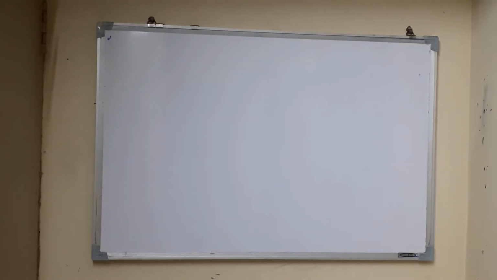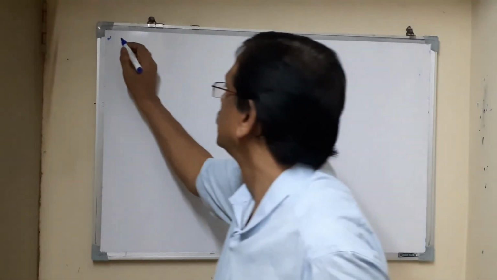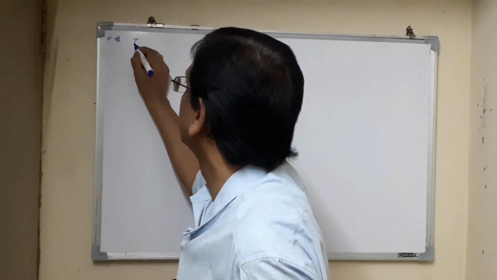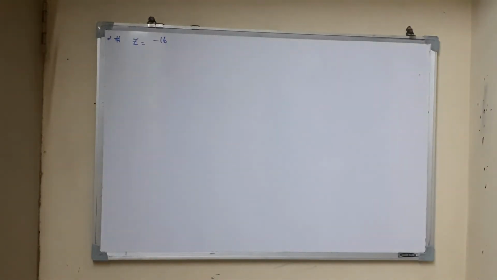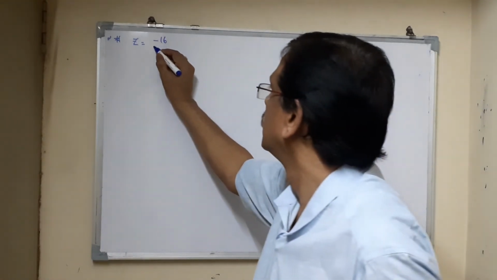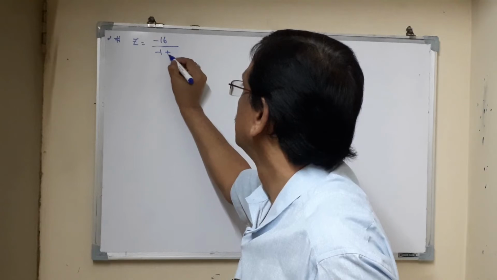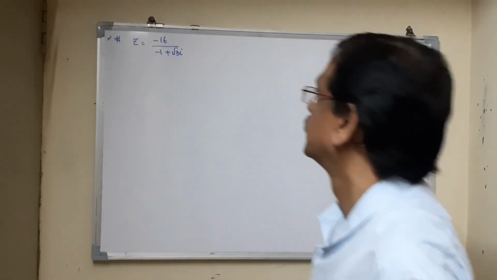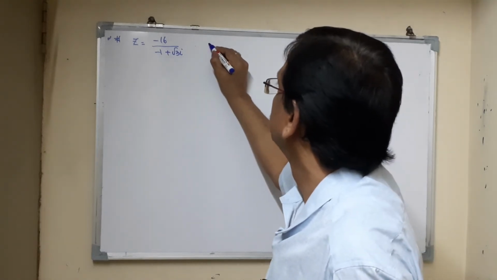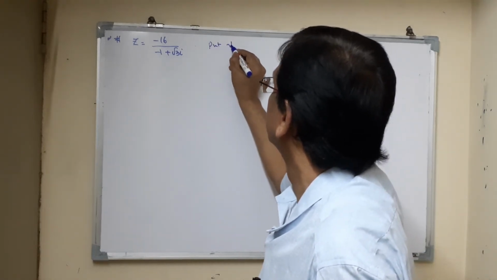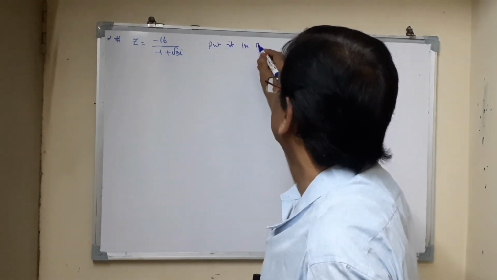So let us consider an example where z equal to minus 16 by minus 1 plus root 3i. Put it in the polar form.